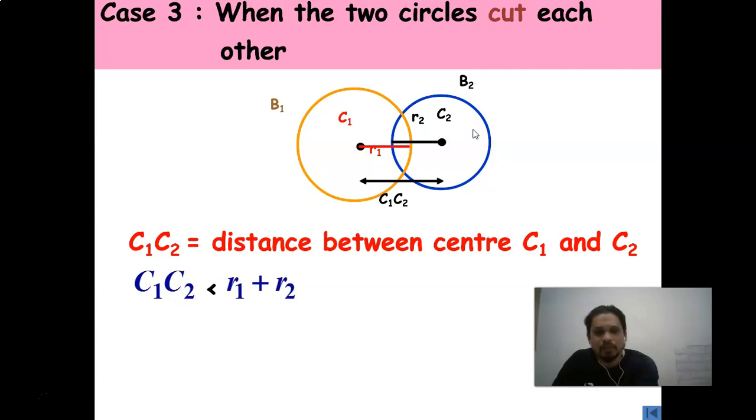Okay, with a few examples, and you try a few exercises, then you can see the idea of all this. But you can also predict from these pictures, to see the distance from the center to the center and compare with the radius of both of the circles.